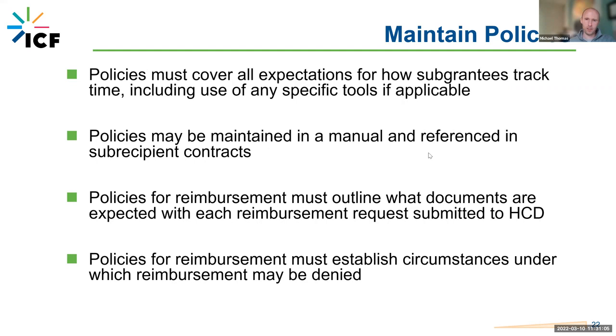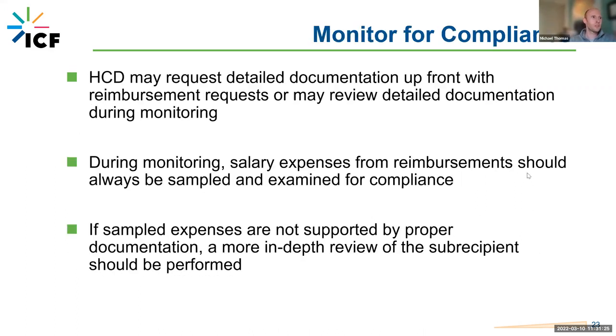And you can word it differently. It doesn't necessarily have to be, we will deny. It can be, we will request more information. We will dig in more, that kind of thing. But you should make it clear that there are situations in which reimbursement might not immediately happen if the documentation that you've requested doesn't appear correct.